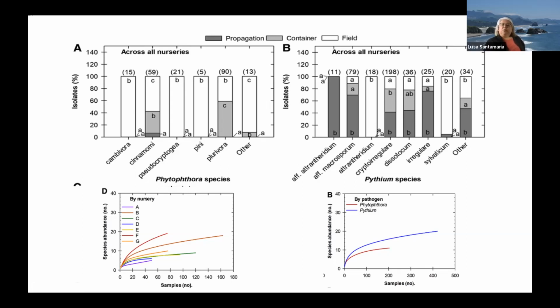There could be many other studies to compare whether the same species are in one place and another, and you can find the connection: they sold plants to these nurseries, so they have the same species. I don't know. But I only want to show you that the species can be different from one nursery to another.